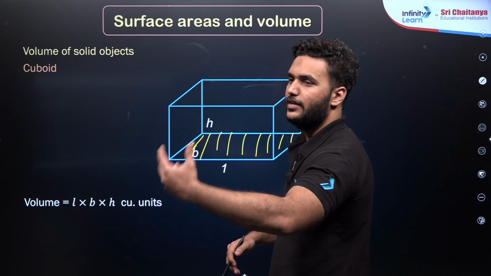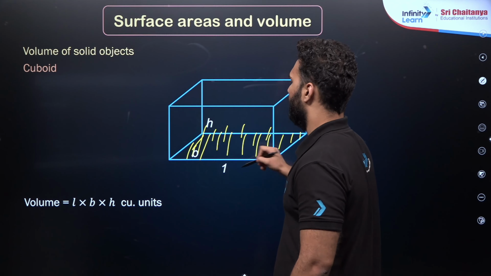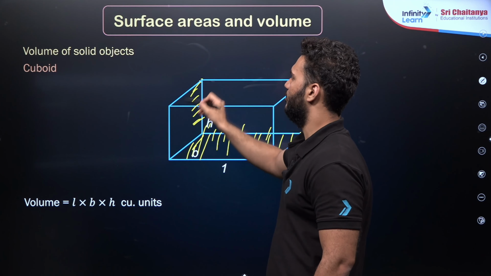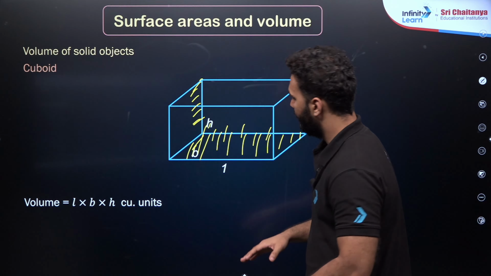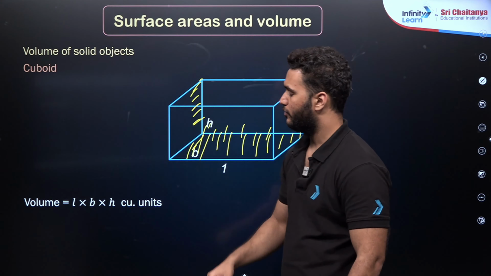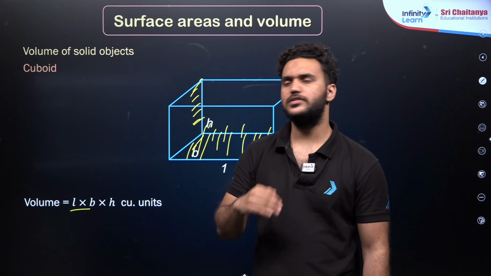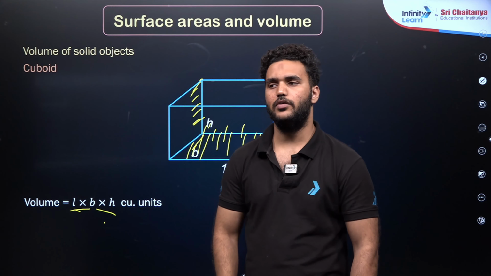Then, sir, you will get another layer of water just on top of it, then another, up to complete fullness. So what happened first, sir? The water covered the area of the floor. What is the area of the floor? Length into breadth. And then you get layers. How many layers? Sir, h times. So multiply that area by h, and you will get the volume of the cuboid.